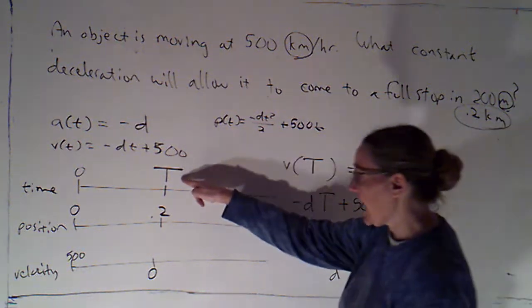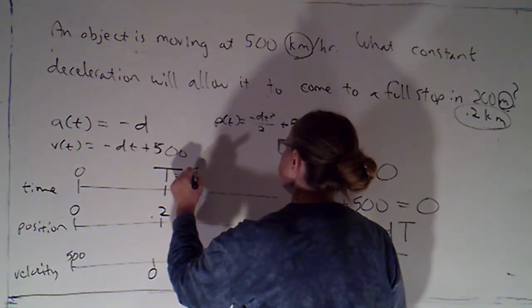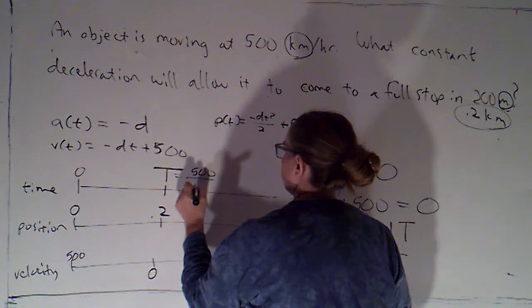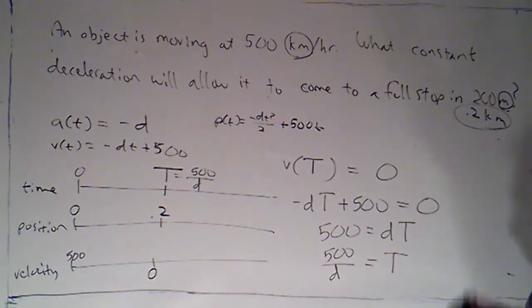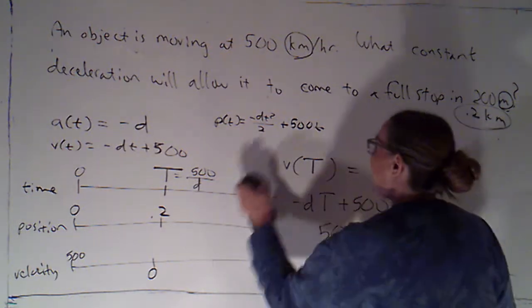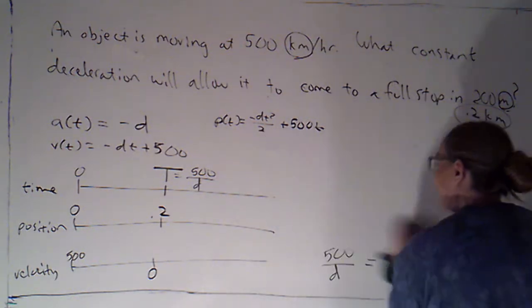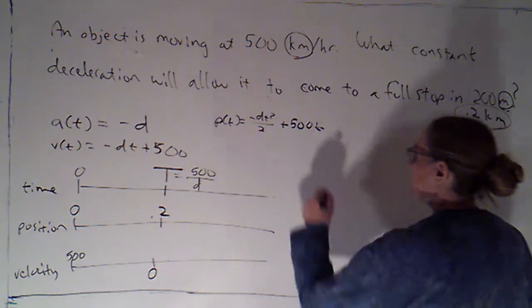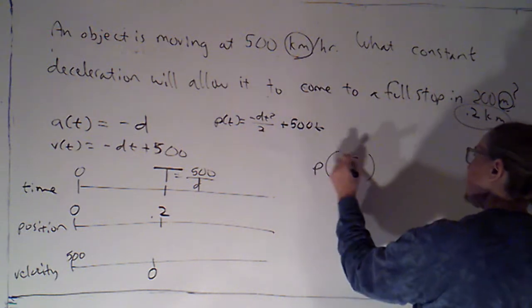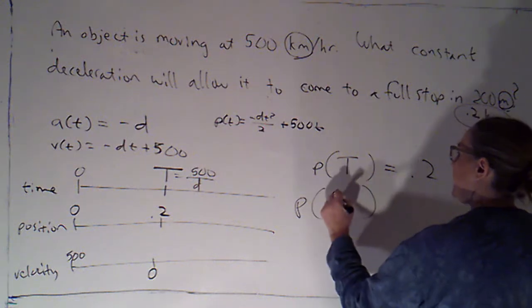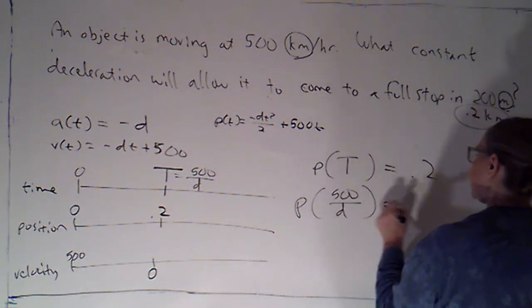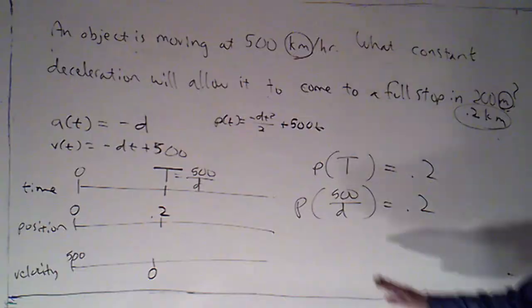That will be the time that will make my velocity 0. But now I know at that time I need to be at position 0.2. So I know that position at this same time is equal to 0.2. So that's the position at 500 over d has to equal 0.2.